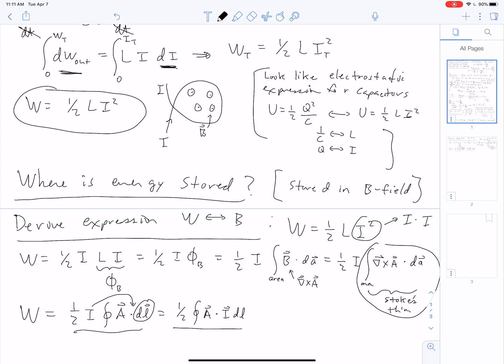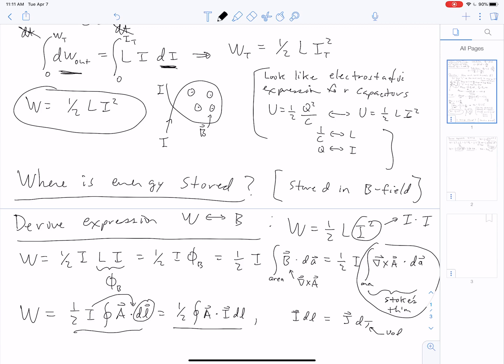Now let's remember something from a long time ago, not that long ago, but let's remember that I dl is equal to J d tau, where this is the volume element, the differential volume.